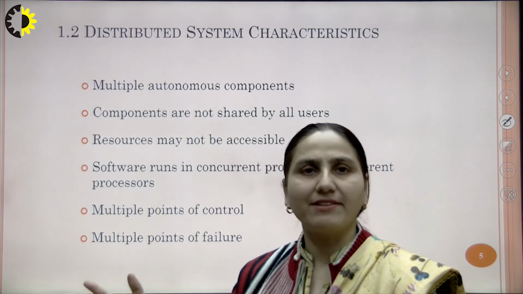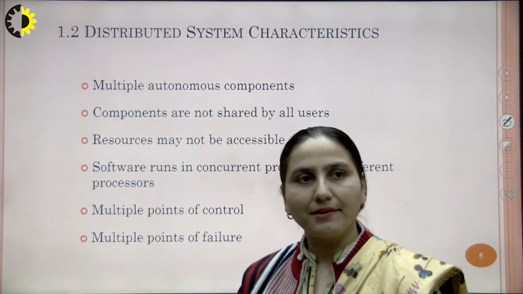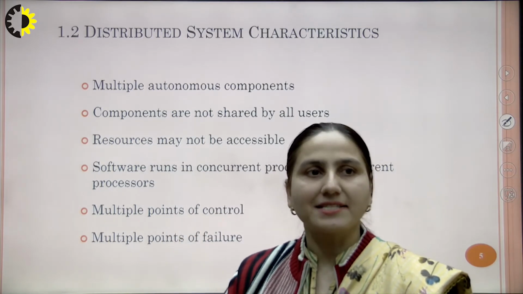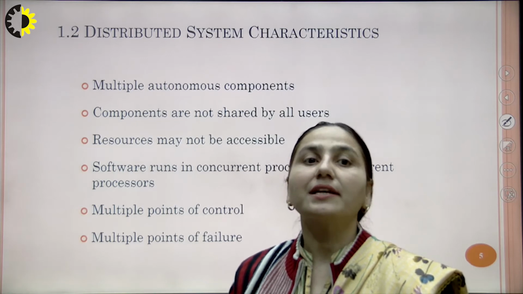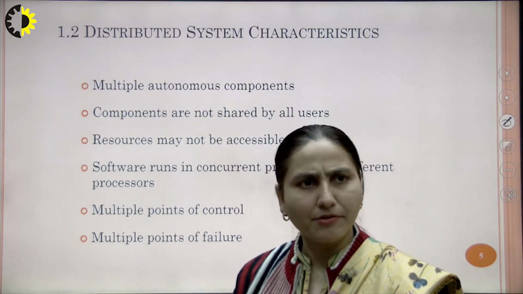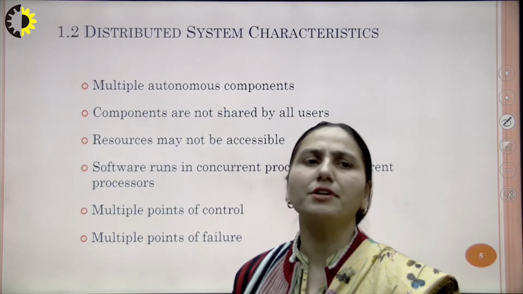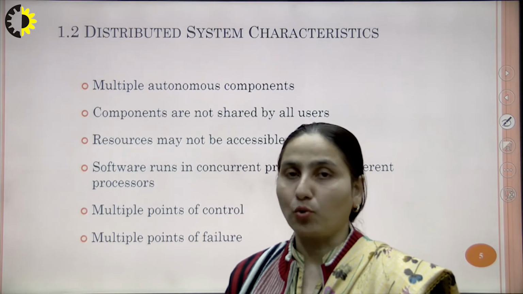For example, we have different components and they are interested in accessing a particular resource, so it may not be accessible. Then software runs in concurrent processes on different processors. There may be a number of different processors and the software runs on concurrent processes. There are multiple points of control.